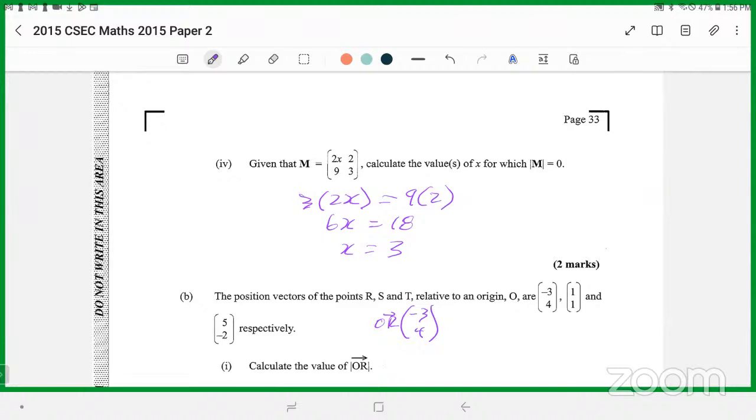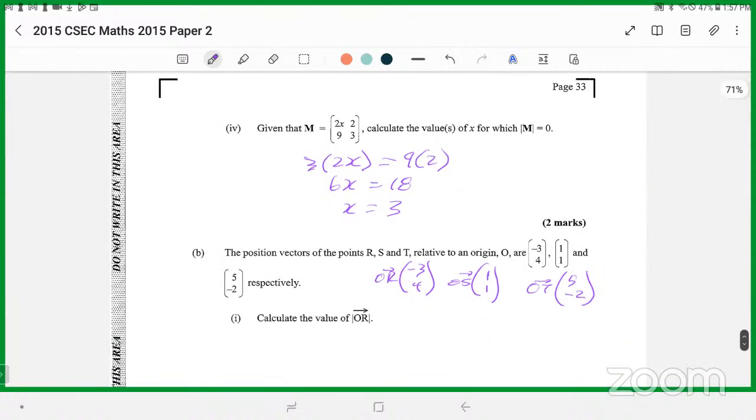The second one is S. The OS matrix is (1, 1). And the last one is OT. The OT matrix is (5, -2).